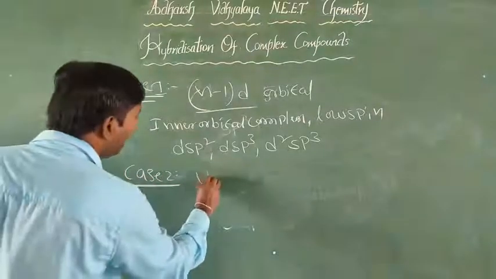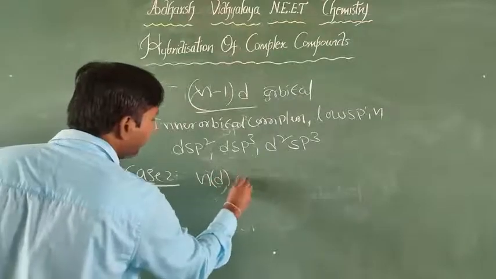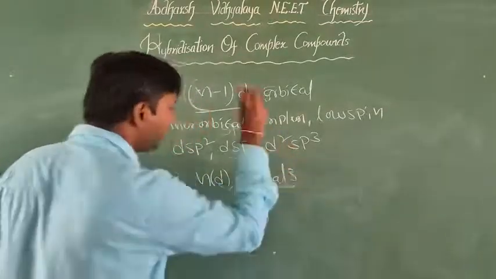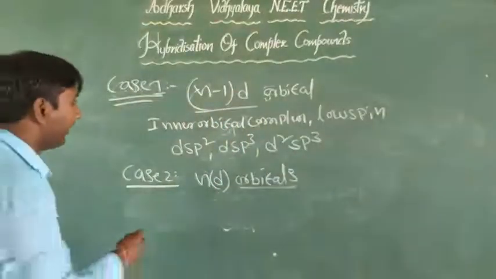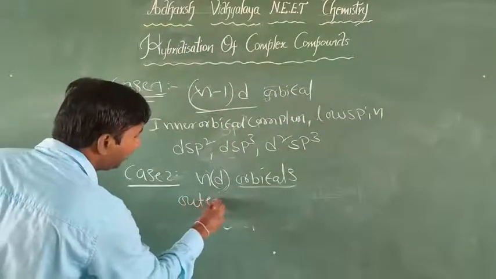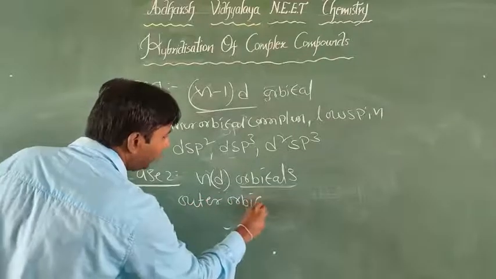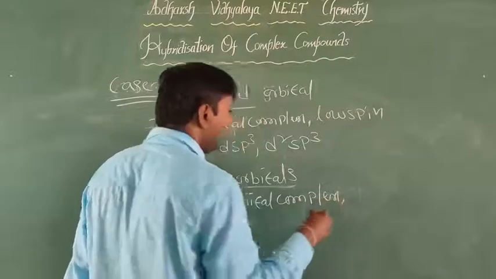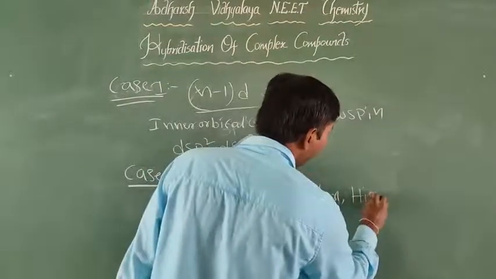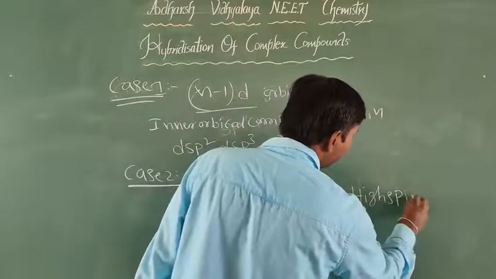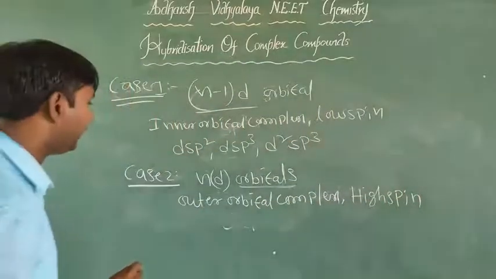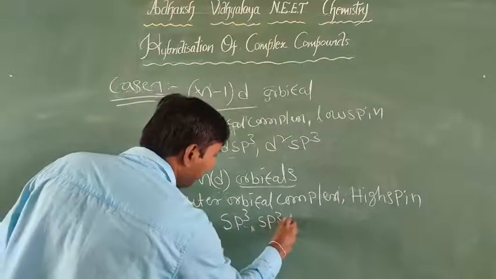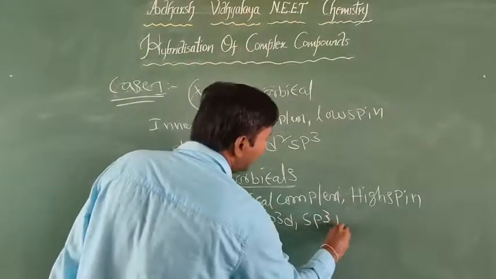Next, case 2: if nd orbitals are involved in hybridization, in this case it is an outer orbital complex and high spin. Here sp3d, sp3d2.